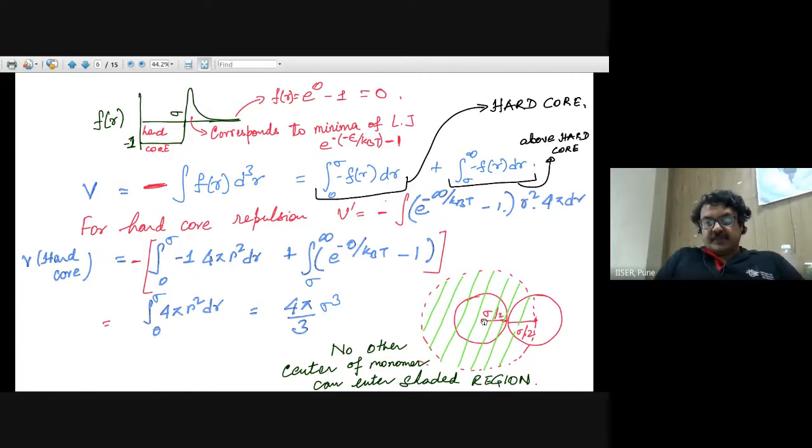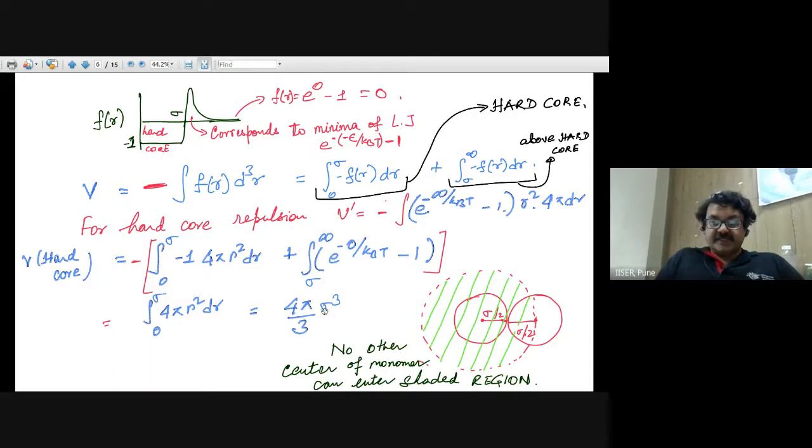Suppose this is a monomer particle, then this is sigma by 2 and this is sigma by 2, total is sigma. The excluded volume is 4 pi by 3 sigma cubed, which means that the center of any other monomer cannot come within this distance.